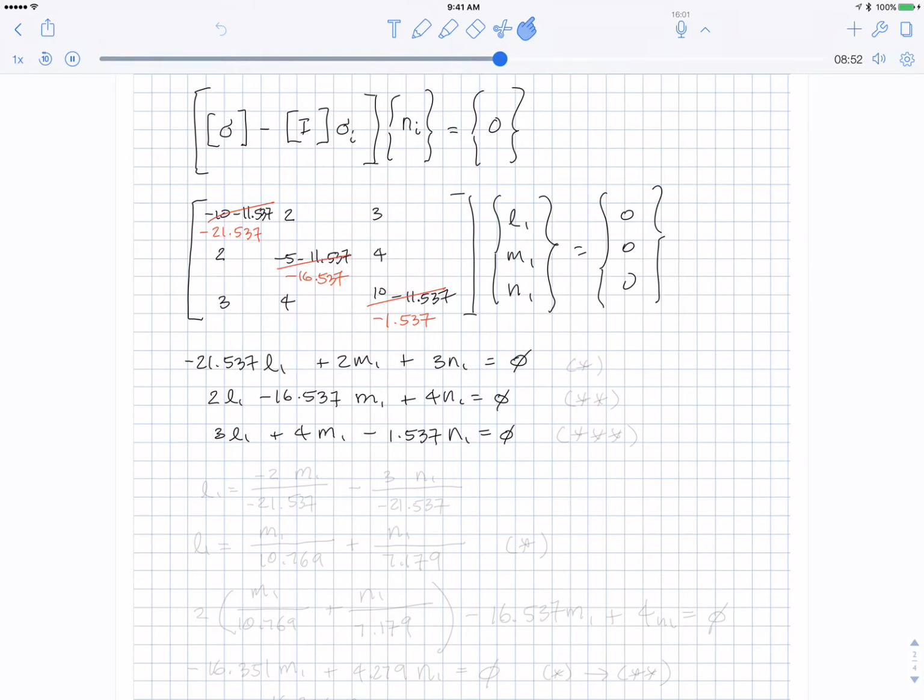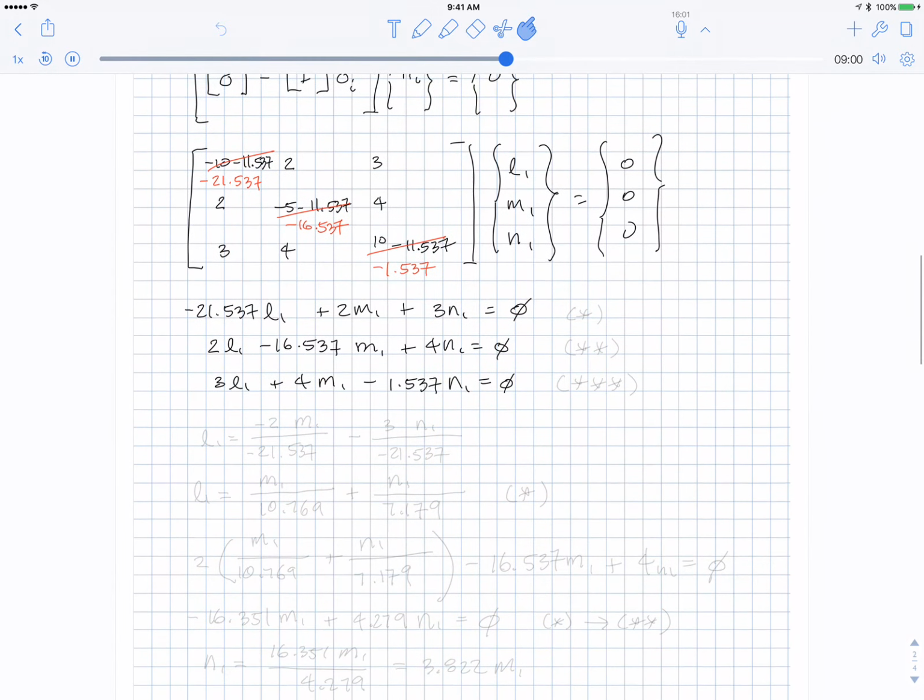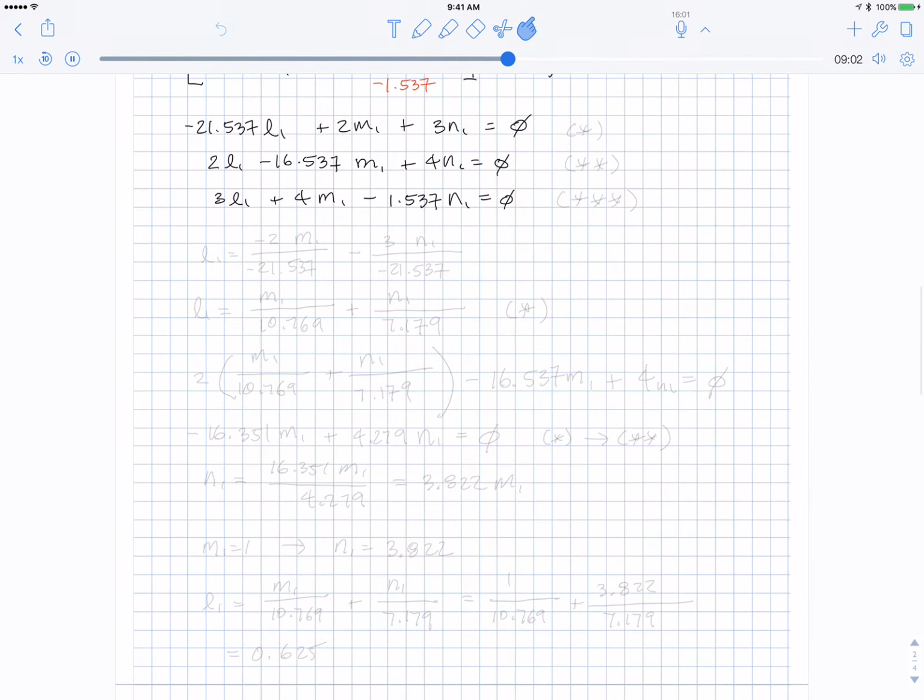So the way to solve this is to solve one of the equations for one of the variables and then substitute that into the second equation. Here are three equations. So I'm just going to arbitrarily solve the first equation for L1.